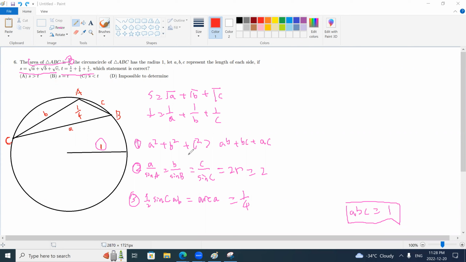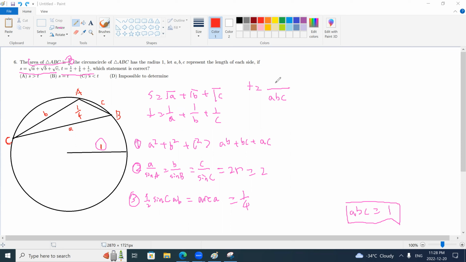Let's first change t to something else. Let's give them a common denominator. t is equal to abc, multiplied by bc, and then multiplied here by bc.